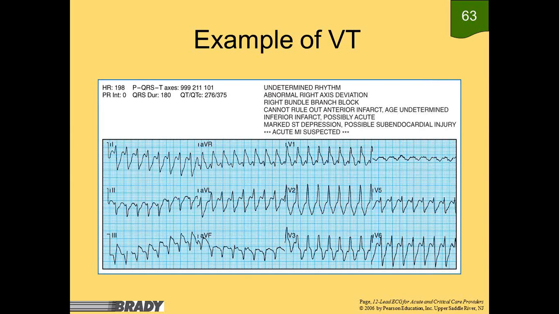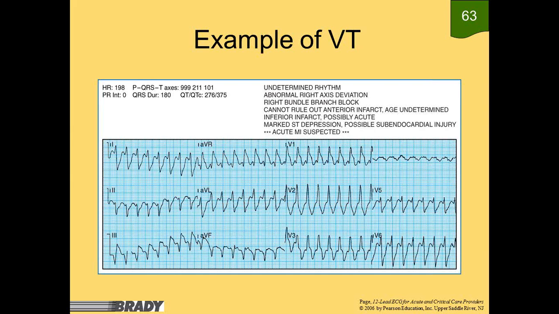It cannot rule out an anterior infarct. So it's looking at J points, and we're looking for ST elevation. Since they're kind of all over, it's having a hard time finding it. It can't rule out an anterior infarct, and there's marked ST depression, possible subendocardial injury, acute MI suspected.